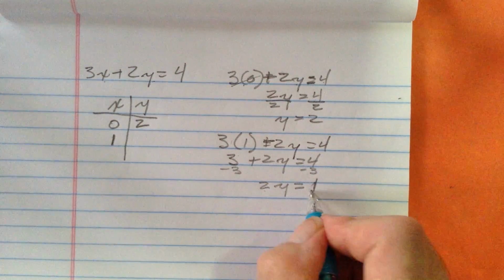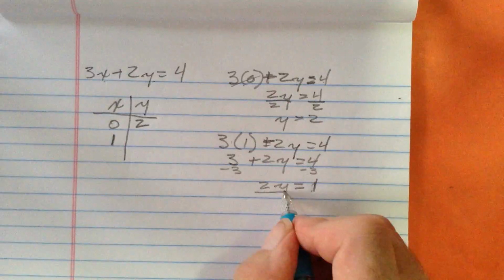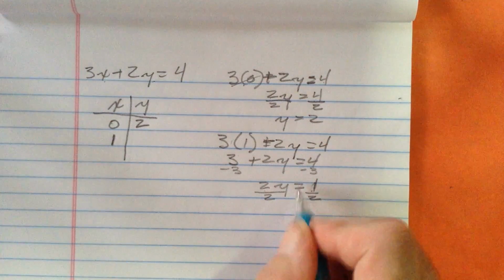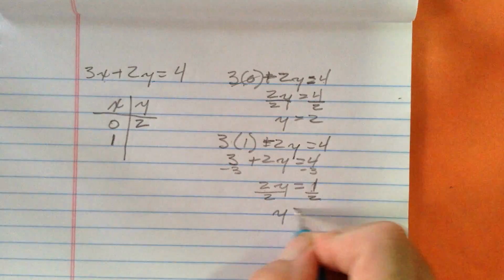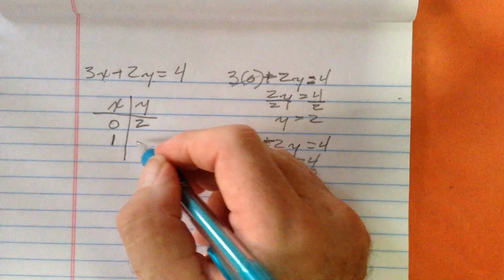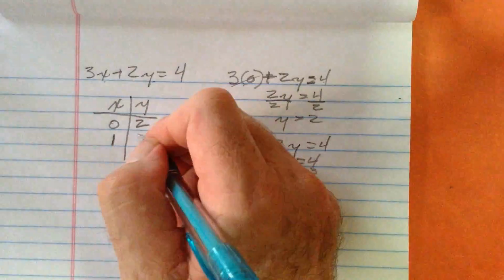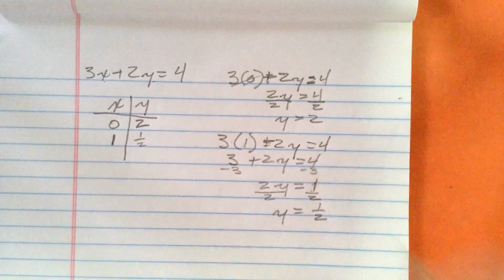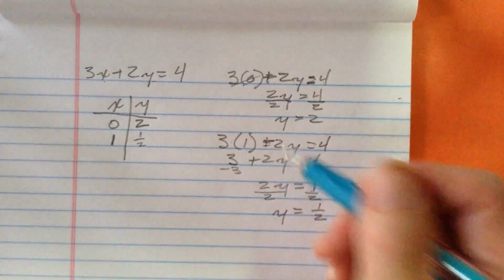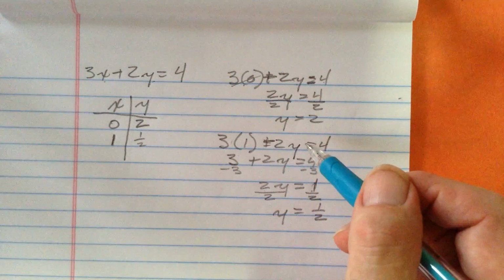So 2 times something equals 1. If I divide by 2, this is going to be a fraction, y equals 1/2, or 0.5. Those are hard to graph, not a whole number. So I'm just going to put a 1/2 there, but I want to find one that does work as a whole number.